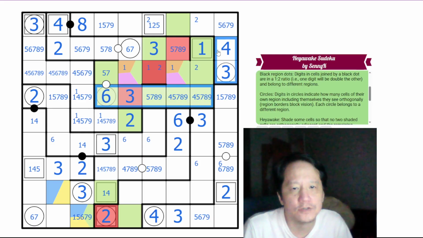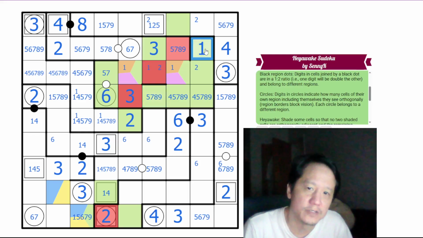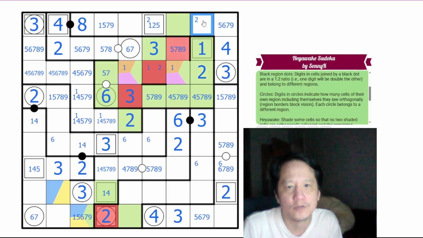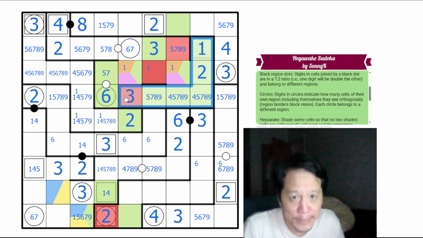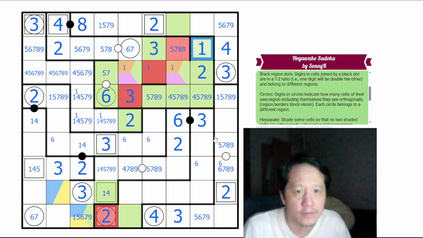We need a 2 for this orange region, or whatever this was. And 2 cannot be here or here, and this is not part of the region, because this only has 1 shaded cell, so this has to be a 2. Which means this cannot be 2 here, which means this is 2 there. That's interesting. Huh. We have all the 2s now.